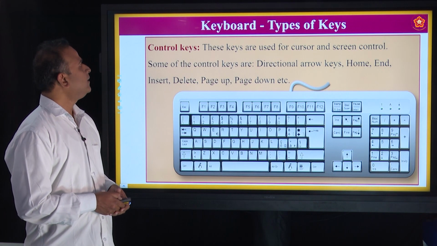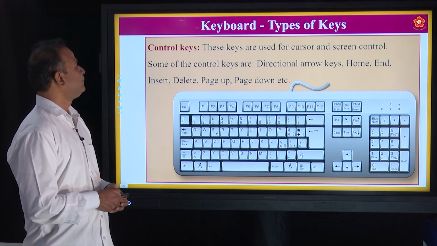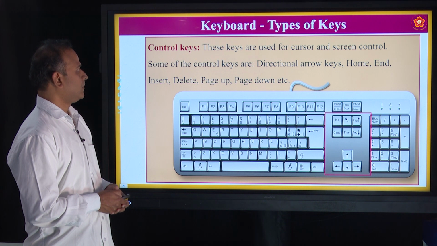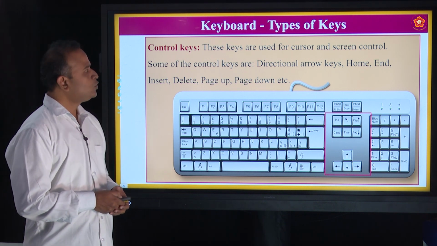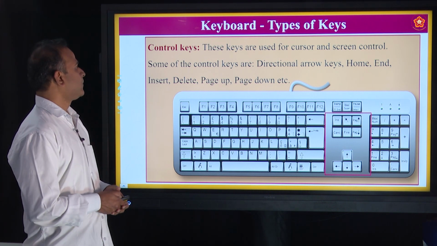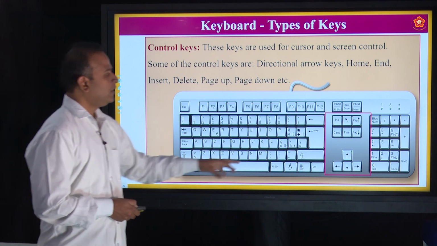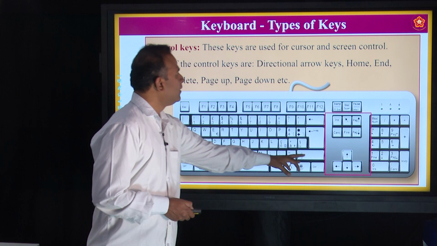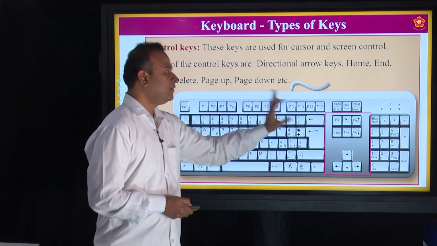Moving to the next slide, types of keys. Control keys. The control keys are used to control the cursor and also to control the screen. These control keys are, for example, your arrow keys and your home, end, delete, page up and page down keys.